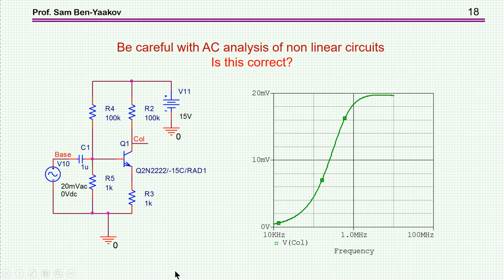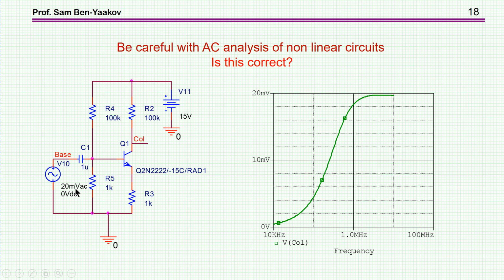So let me finish up with another example, just for illustration. And here we have an amplifier with a BJT transistor. It has a 15 volt supply, some resistors, and it is fed from a 20 millivolt source. Very careful now.